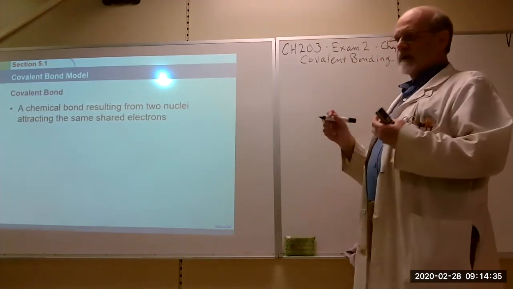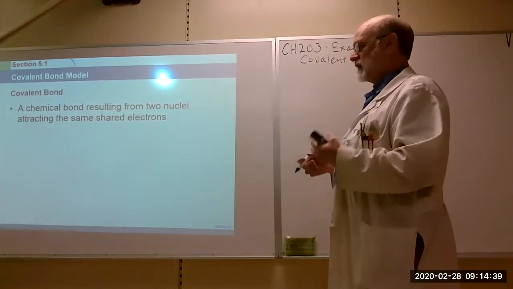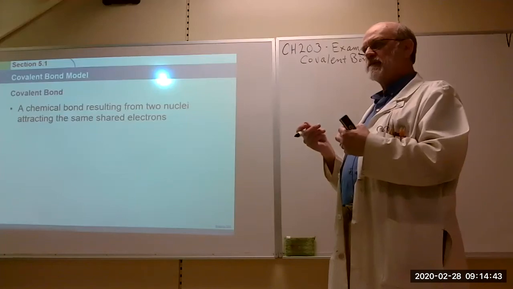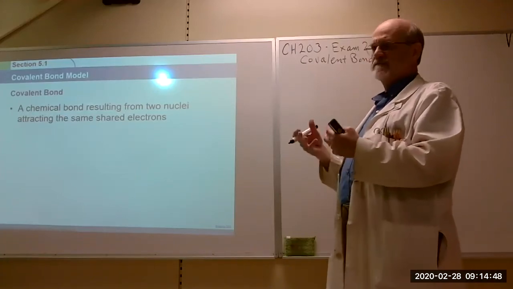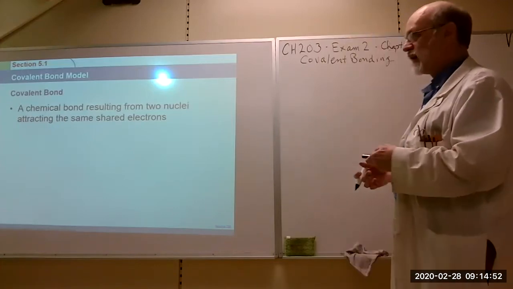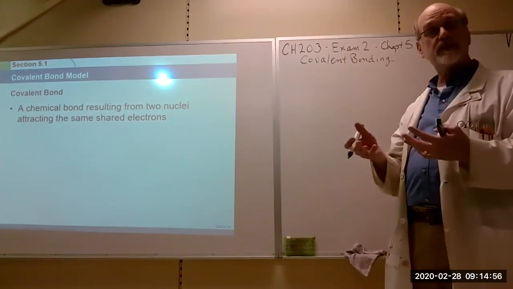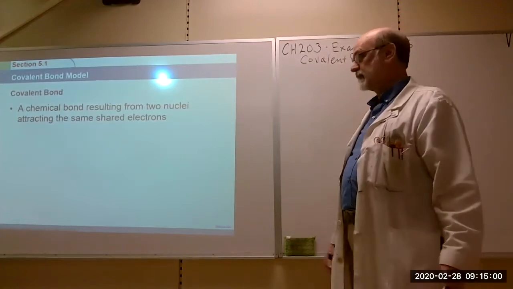So these two atoms will bond with one another if there is an incentive, chemical incentive to share electrons. Then they would form a covalent bond. So we need to look at first the nature of the bond, and then what's the driving force for forming the bond.